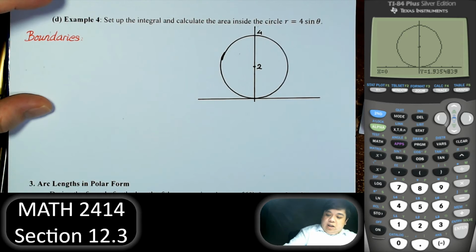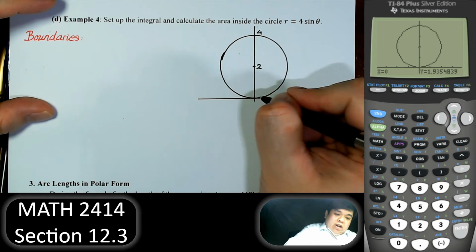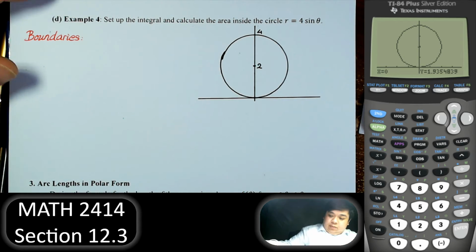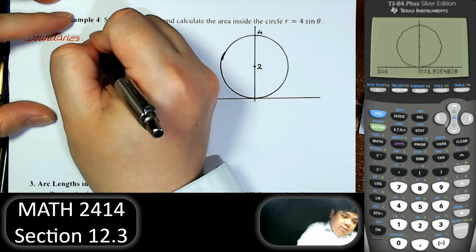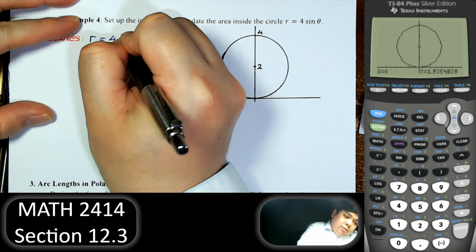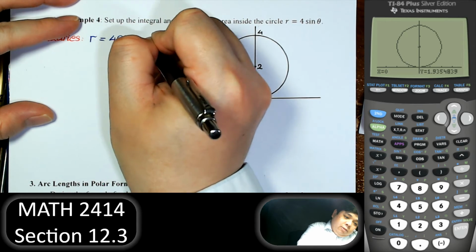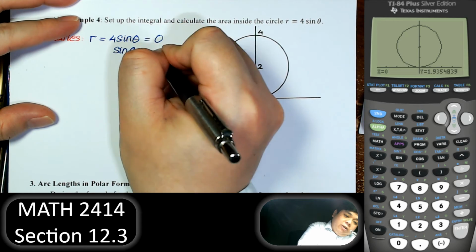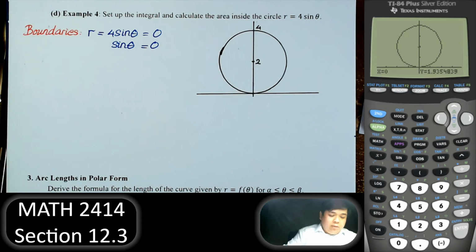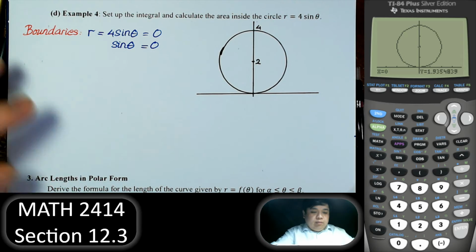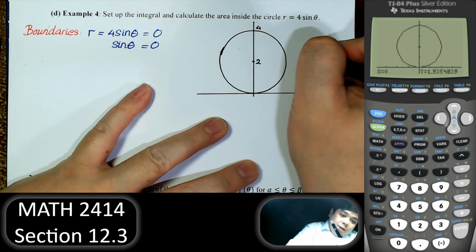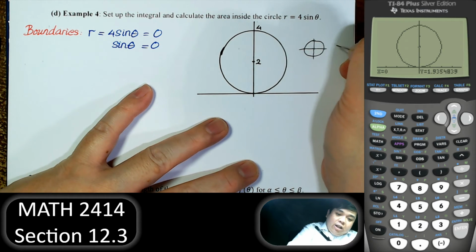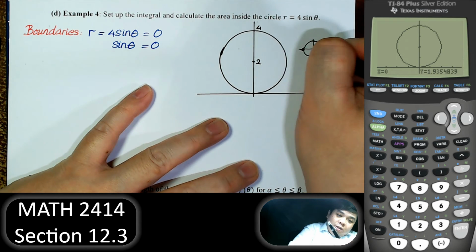We will set this equal to 0 because we start from here and go back to that. So I have sine equal to 0. On the unit circle, sine is the y values equal to 0.